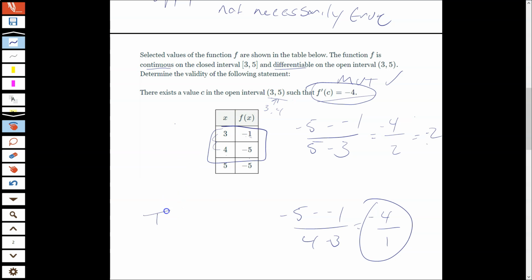So here we would say true. Pay attention to that. That is a likely source of error for you guys, I think. Any interval in the table can work. So you should look for the average rate of change between two points in the table, not necessarily just the first and the last point.